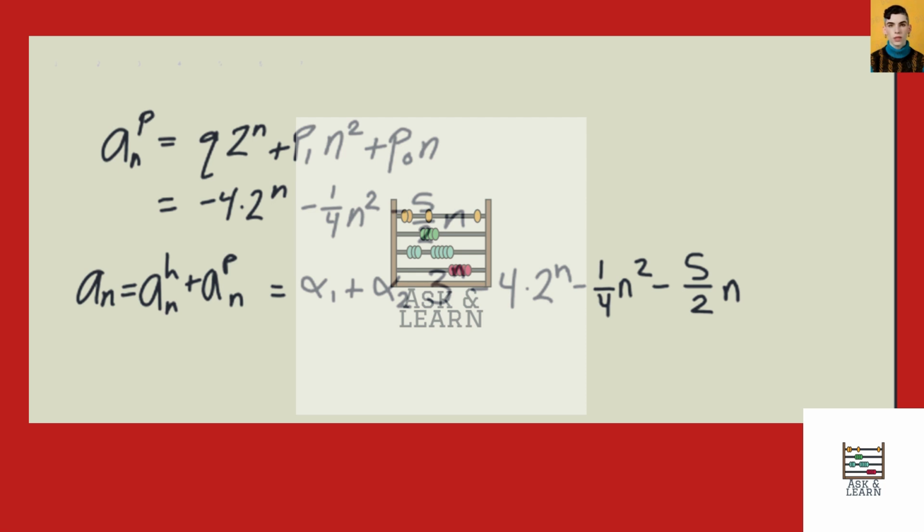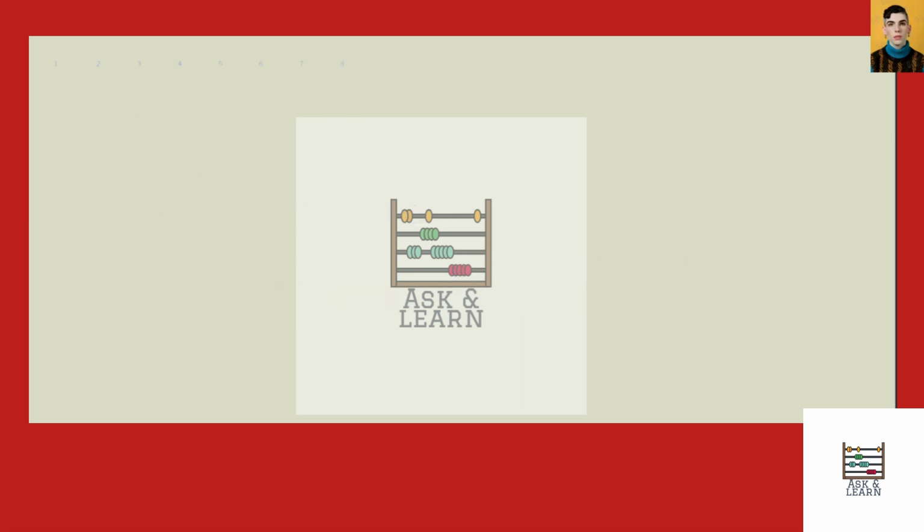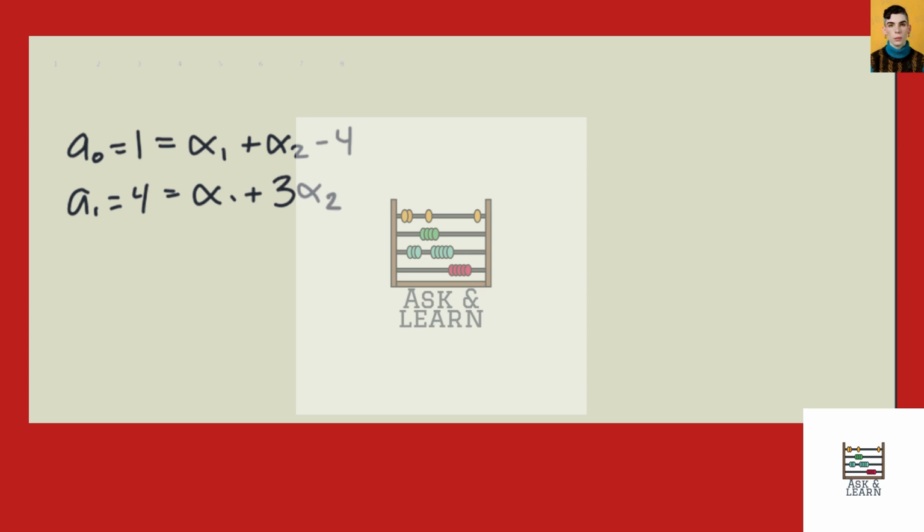So what we know then is that 1 is going to be equal to, which is our a naught, alpha 1 plus alpha 2 minus 4. And then when we evaluated at 1, we got 4. So that means that alpha 1 plus 3 times alpha 2 minus 8 minus 1/4 minus 5/2 is equal to 4.